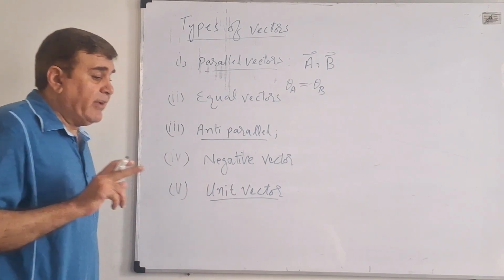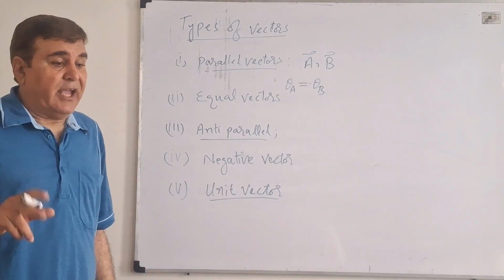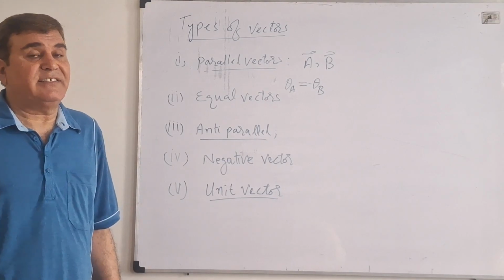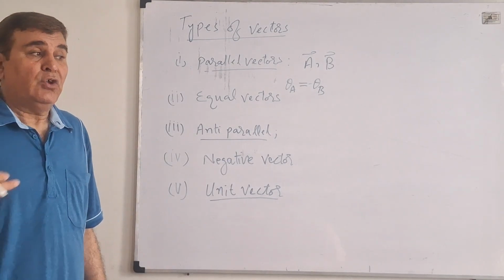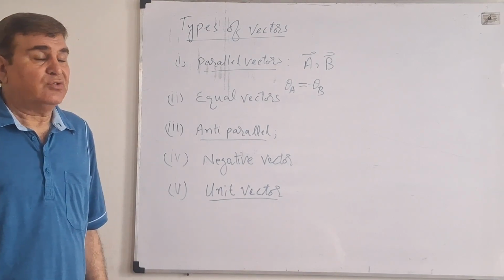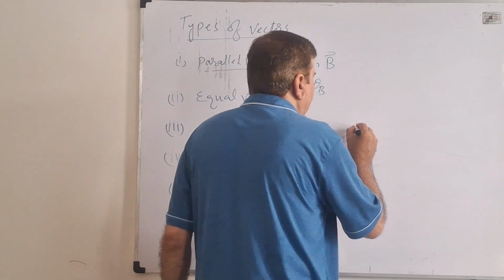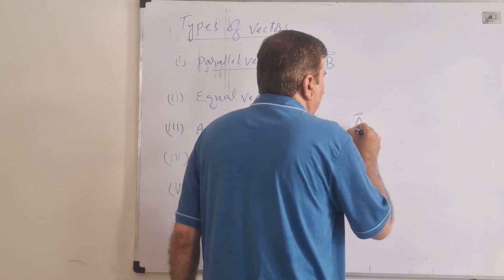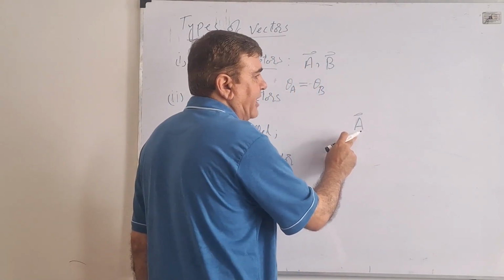Every vector has a direction, and the unit vector is used to specify the direction of a vector. So a unit vector is associated with every vector. If we have a vector A, then obviously this vector has direction.